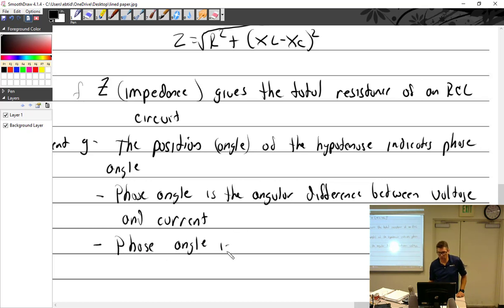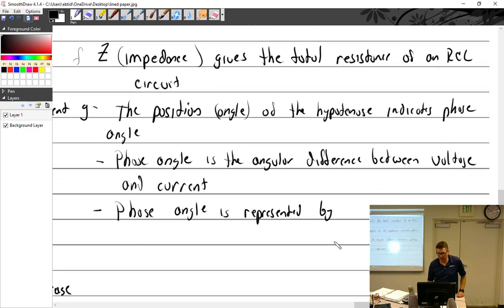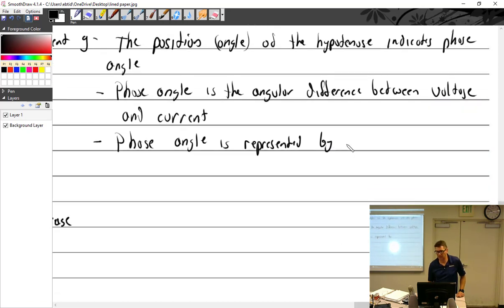Phase angle is represented by the Greek letter theta, which is kind of like this.